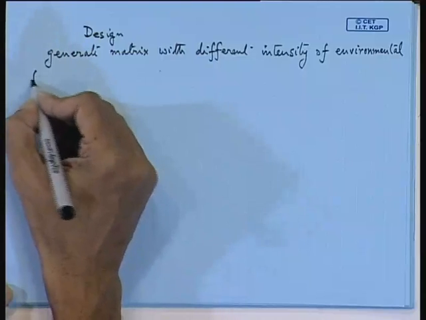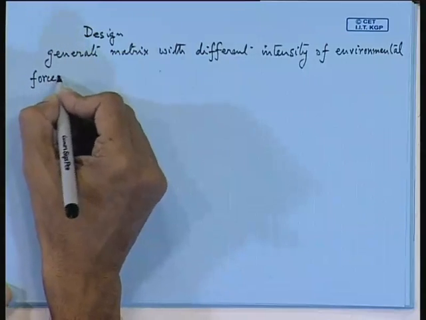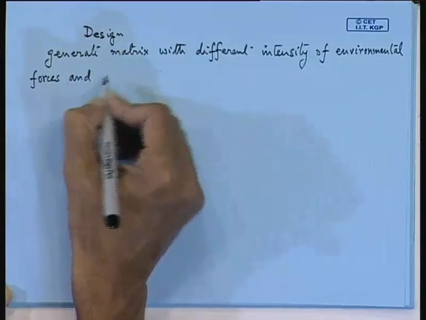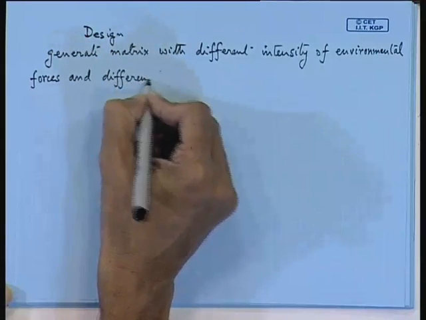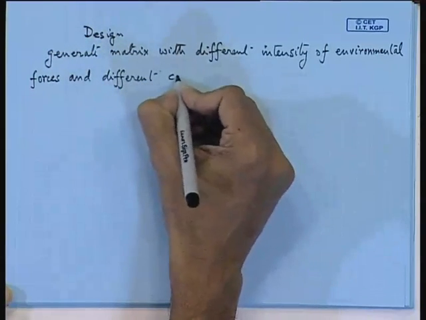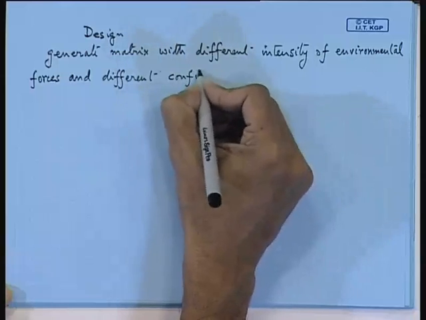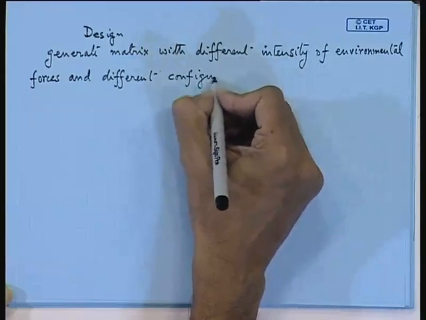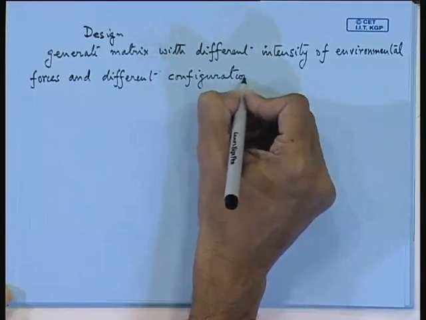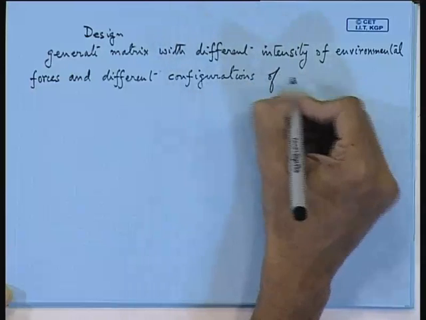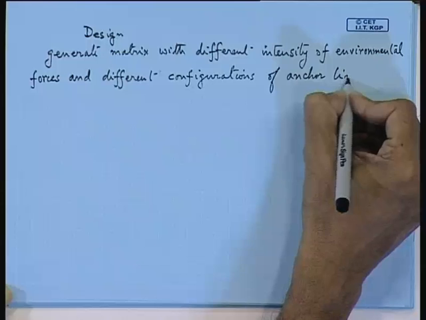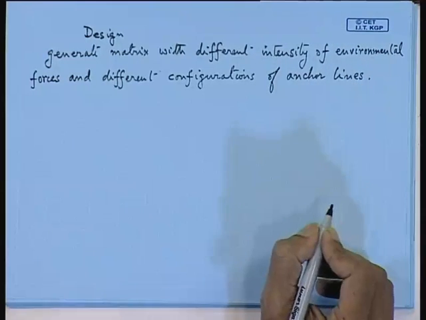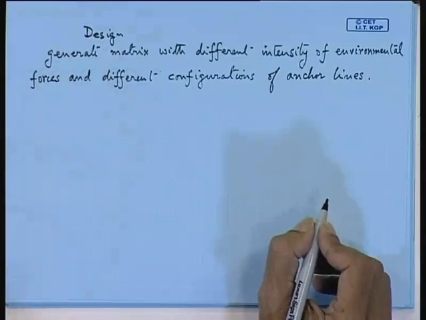Intensity of environmental forces and different configurations of anchor lines. The client is going to ask you about this. The client is not going to be satisfied if you are just giving a one-off answer.